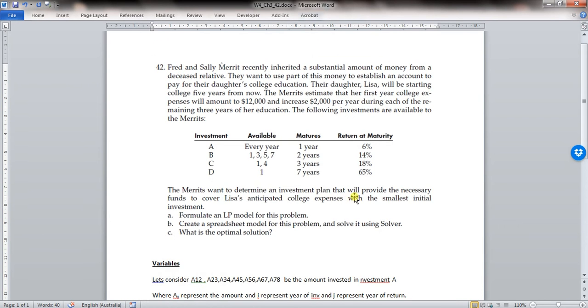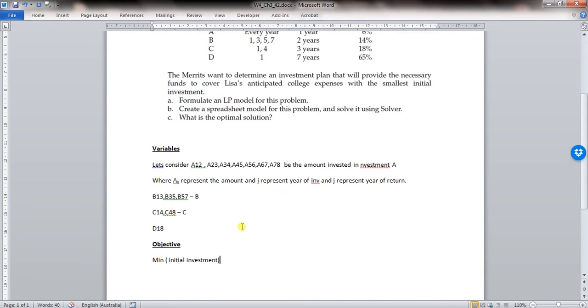It says smallest initial investment. What would that mean? Amount invested in the year 1. So A12 plus B13 plus C14 plus D18.